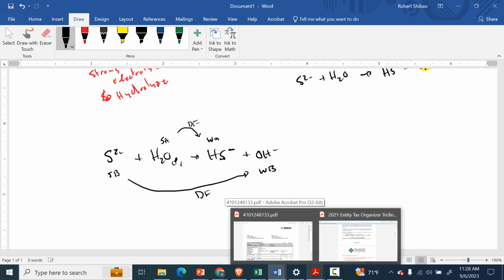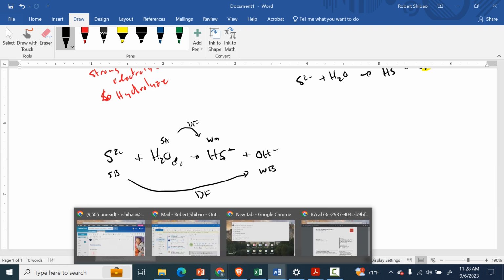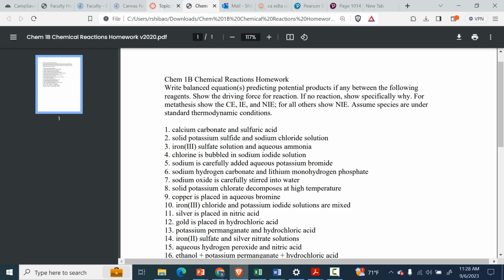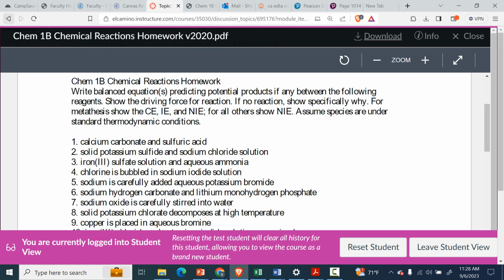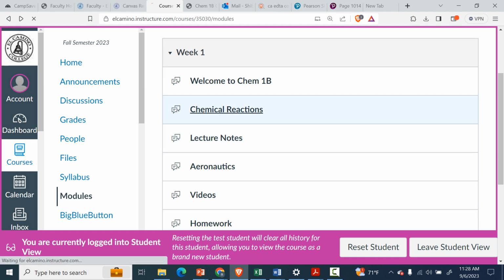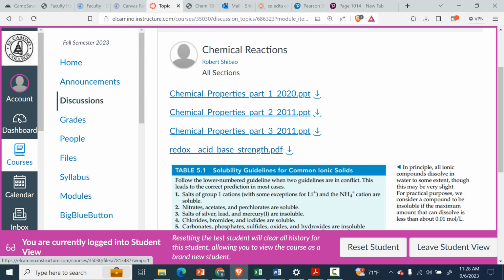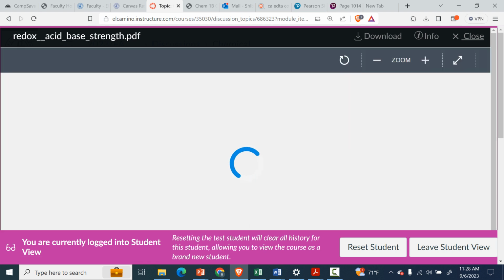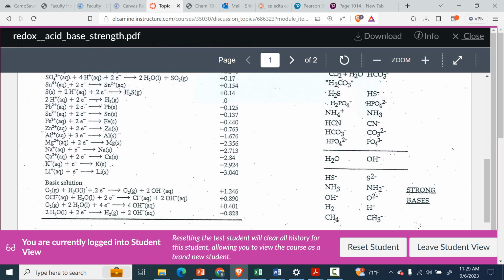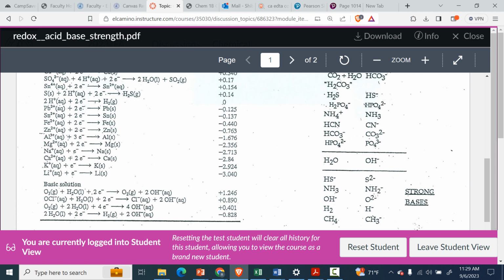In fact, let me see if I can pull up the acid chart. The acid chart is also on Canvas. Let me grab the acid chart here. It's under the chemical reactions link, the redox acid base chart. So in this case, we can see we're going from sulfide to hydroxide. So we're going downhill.